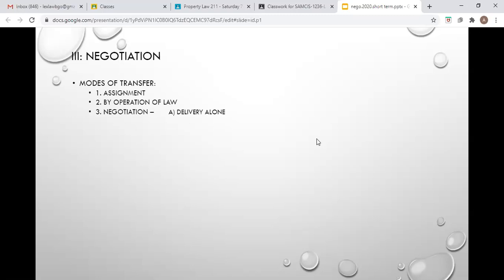Assignment is the transfer of the instrument without the necessity of negotiating the same. So take, for example, a payable to order instrument. The proper way on how to negotiate it would be through endorsement completed by delivery.